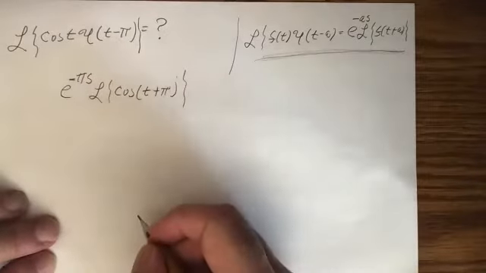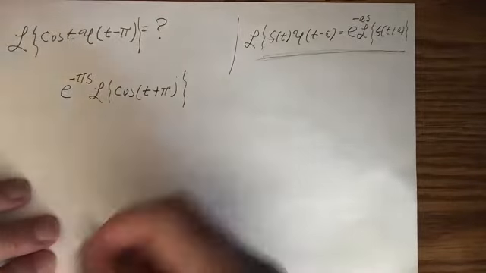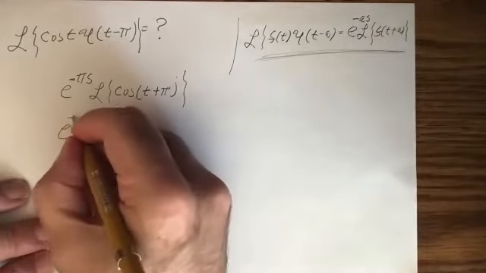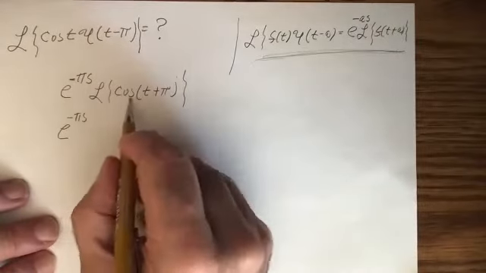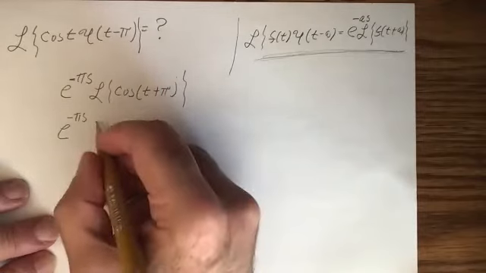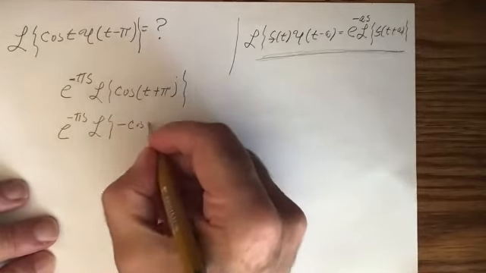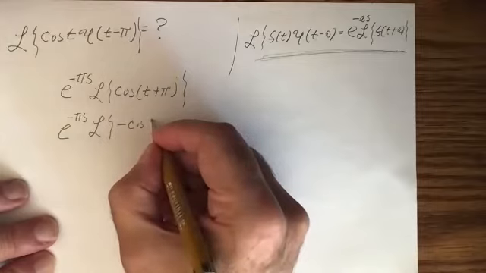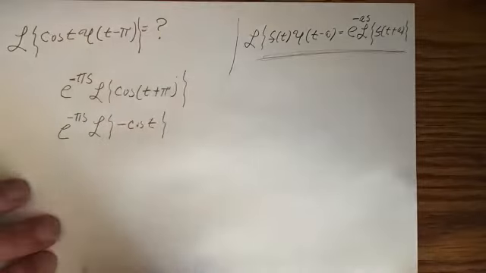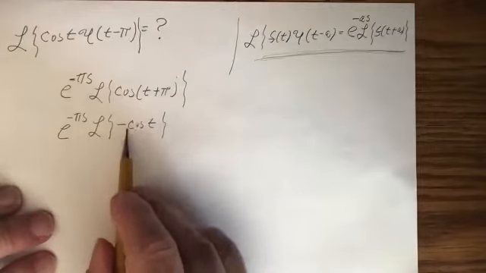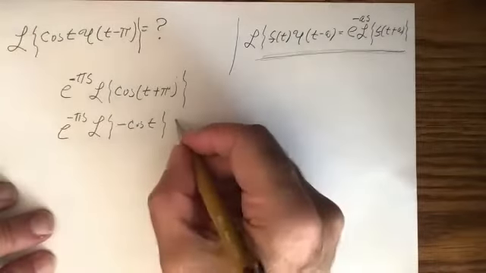And so this is e to the minus pi s. Now the cosine of t plus pi is equal to minus the cosine of t, right? I can write it like that. So there's a minus sign here.